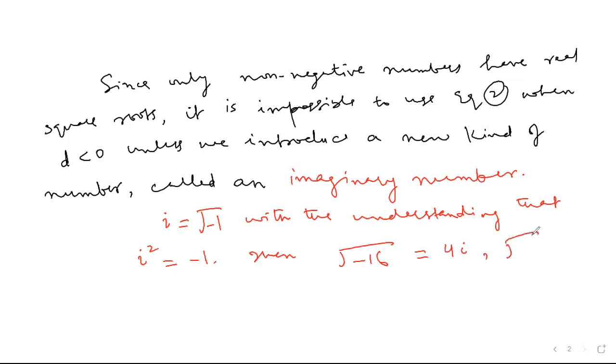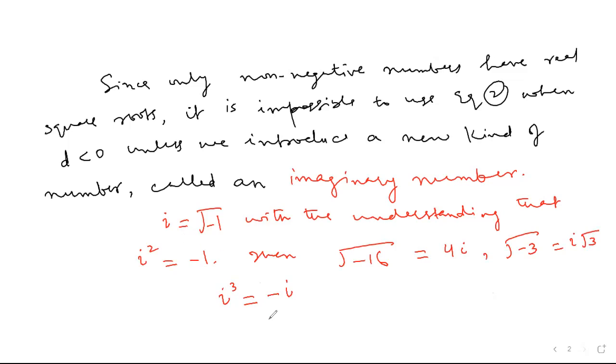Similarly, square root of -3 can be written as iota square root of 3, right? What about iota cube? Iota cube is just minus iota because iota square is -1.